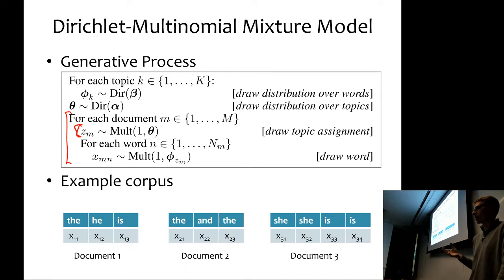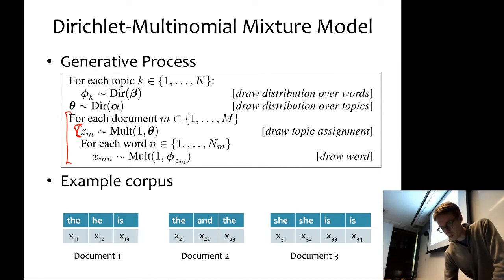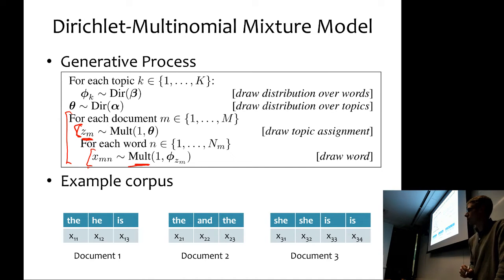You could think of this as like a label of what that document is about: sports, movies, history, politics, whatever. And then for each word in the document, we're going to sample the word from another multinomial distribution, but this time where the phi distribution is actually selected based on whatever topic we just chose.